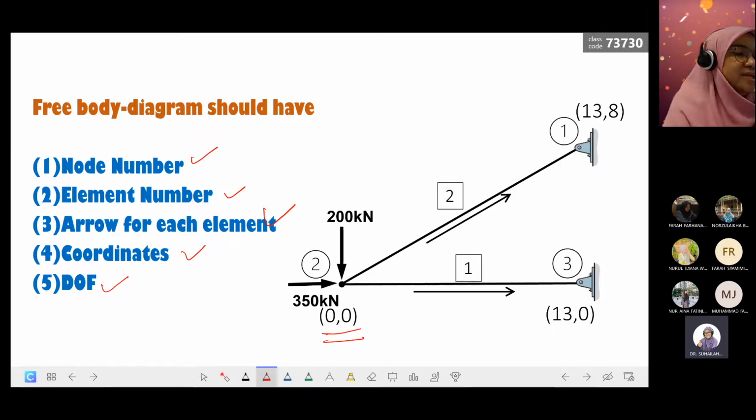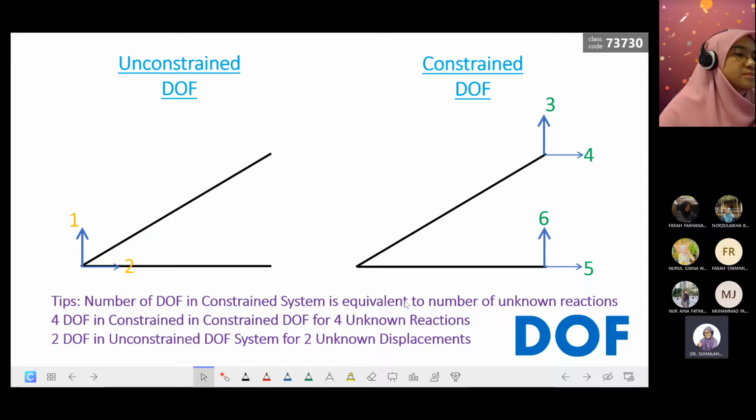And next is degree of freedom. We need to sketch between unconstrained and constrained. So the idea for sketch, just like this, sketch only, because it is easier to identify the number of degrees of freedom in the constrained system. Constraint refers to unknown reaction.